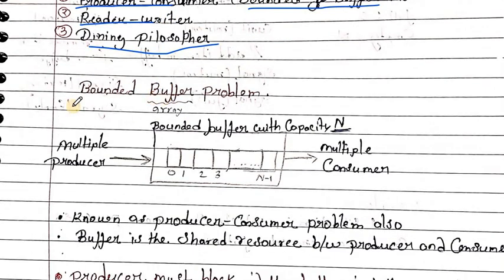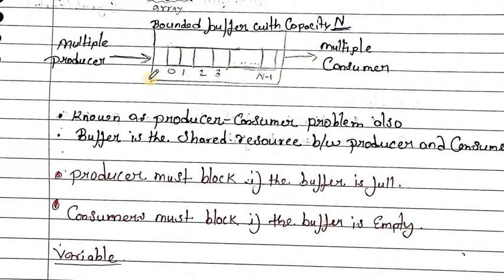So in the first, the bounded buffer problem, here is the complete array of a bounded buffer with the capacity of n elements. The array's indexing starts from 0 and the last element is n minus 1.